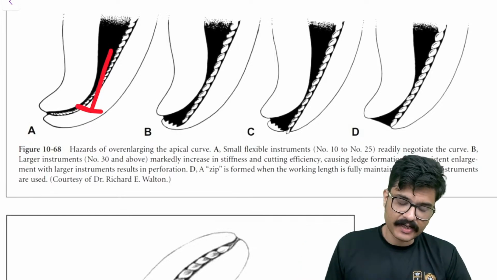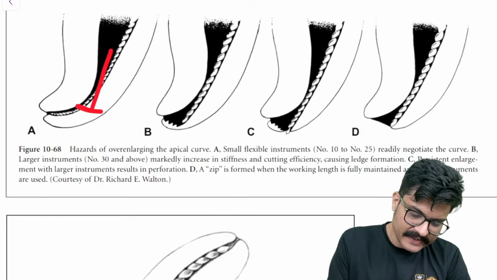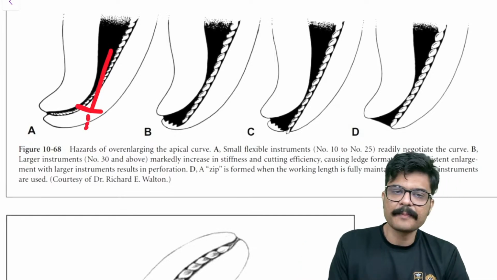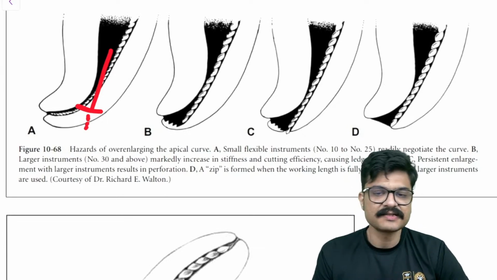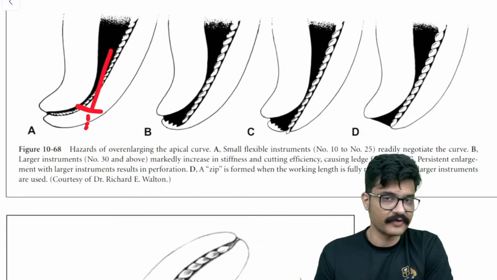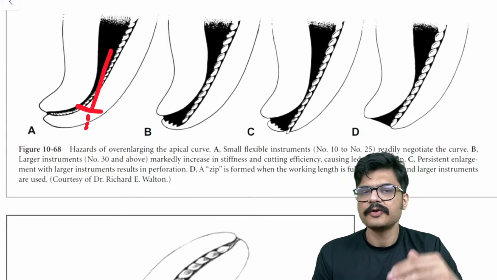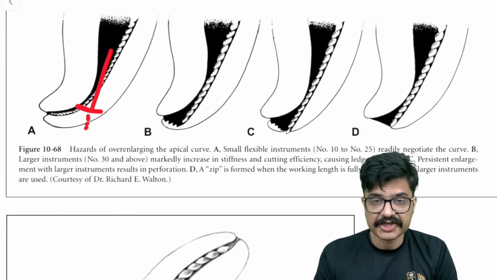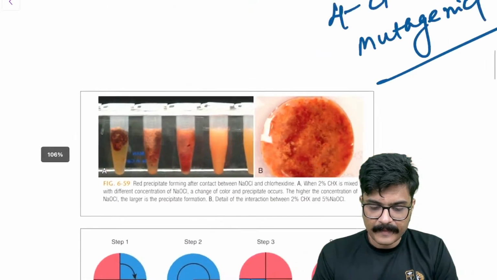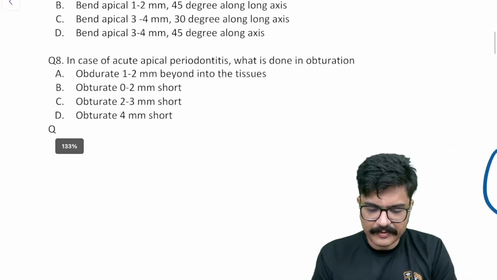And if you don't timely bypass the ledge, and if you keep doing it, you end up perforating your outer curvature, external surface of the root, and that is known as ledge with perforation. So you have apical zipping, you have ledge with perforation, right, guys?